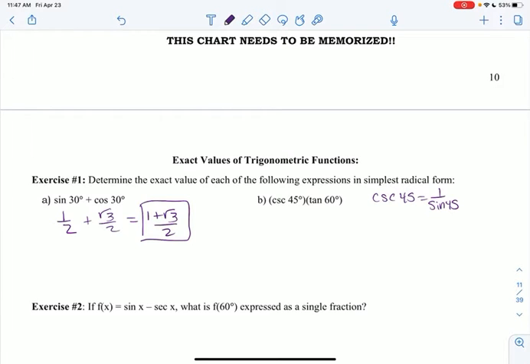So that's going to be equal to 2 over radical 2, because sine of 45 was radical 2 over 2. I'll write that up here just in case I lost anybody. And cosecant, I have to flip that, so 2 over radical 2. Now I've got to rationalize this denominator. So that's 2 radical 2 over 2.